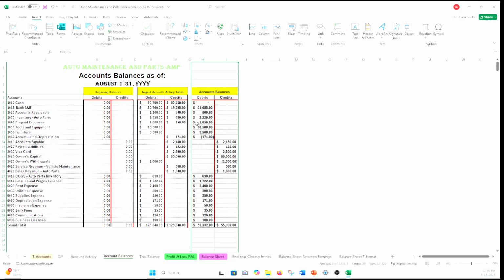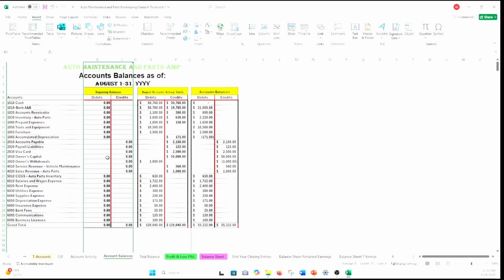So what I did is just the trial balance. But I want to explain something here. Do you see this column? That's a beginning balance. Well, we started our activities in August of this year, let's put it that way. Our beginning balance was zero.